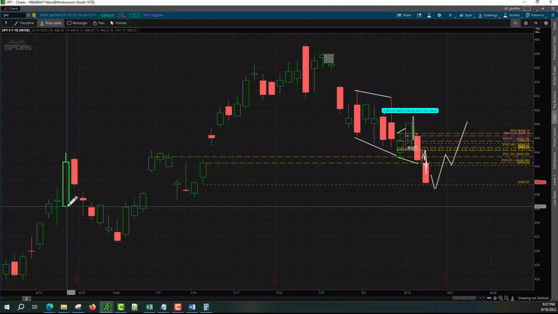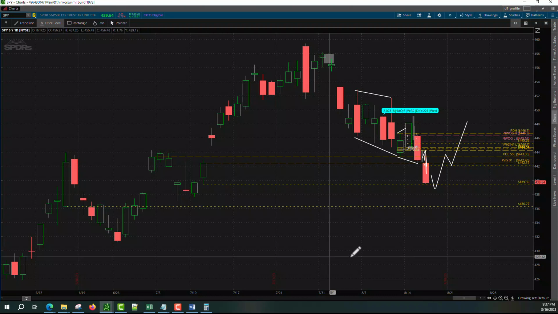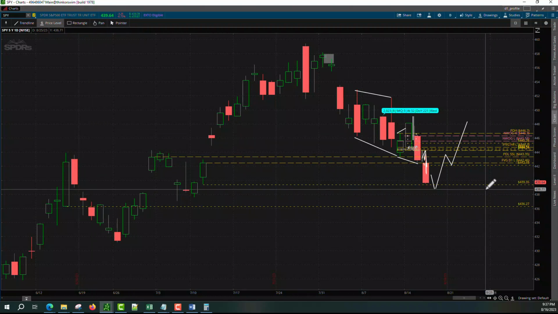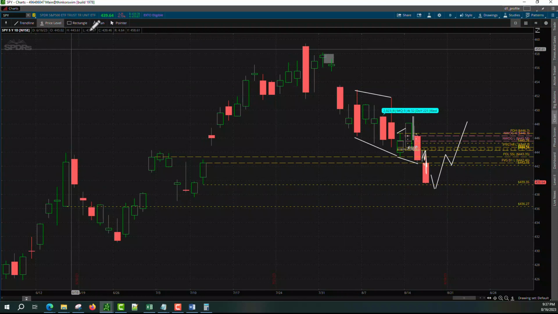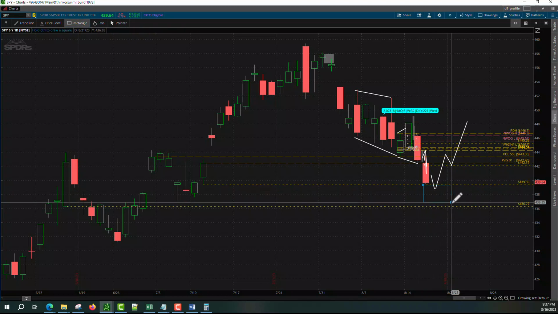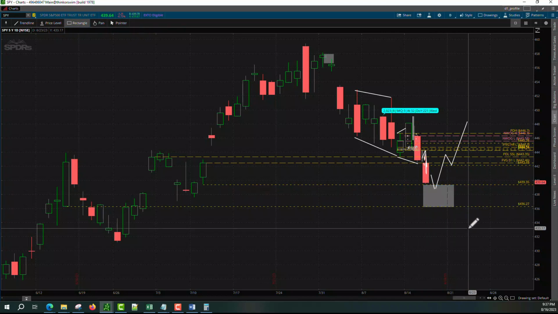What about the open? Should be 436.33. So we're going to watch for this level. You see how it behaves around this level for tomorrow.